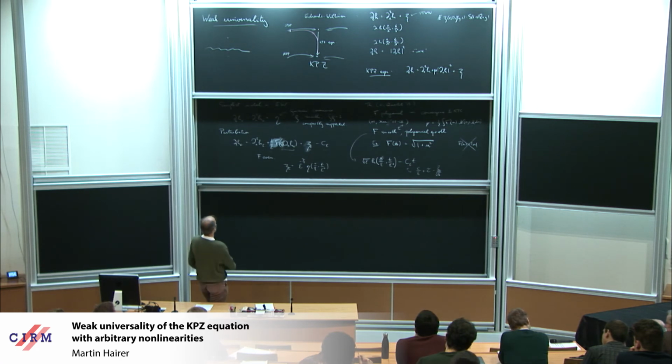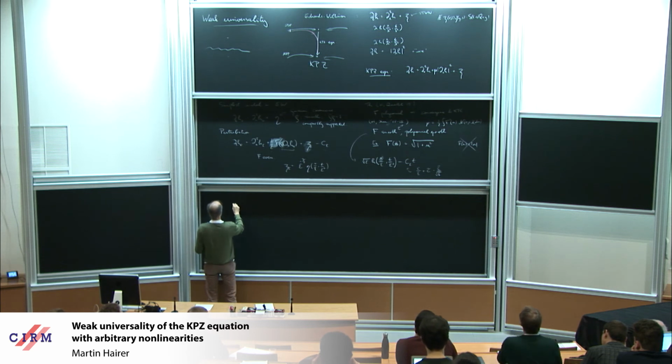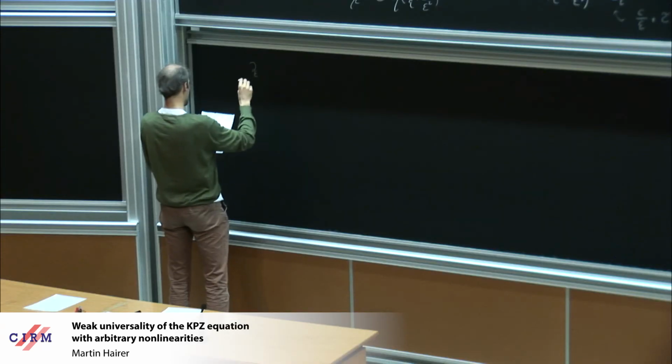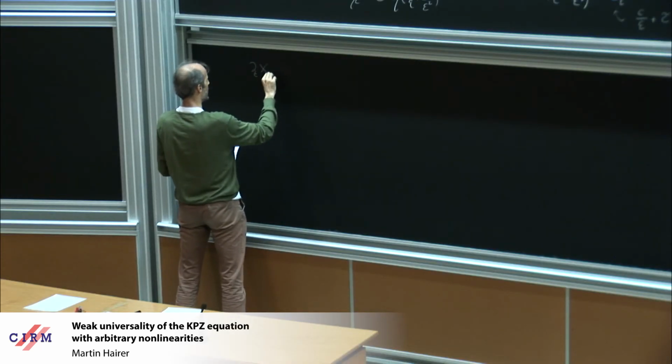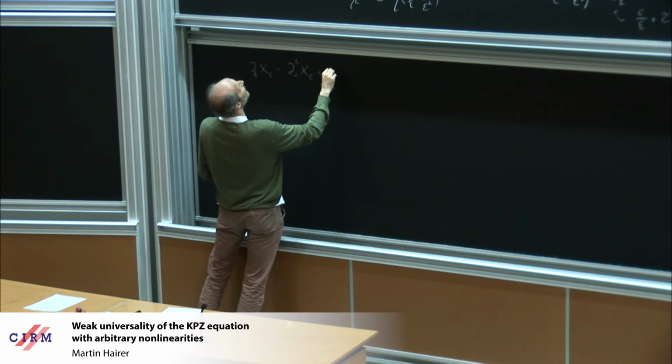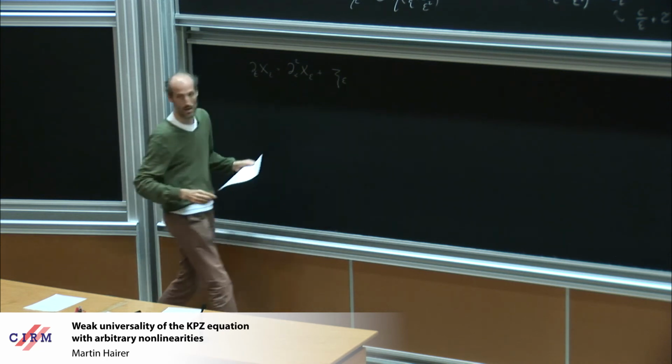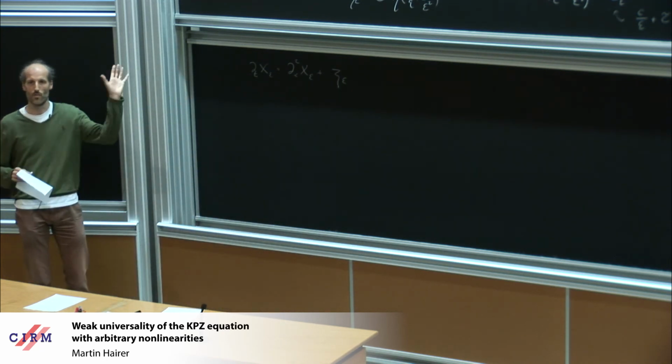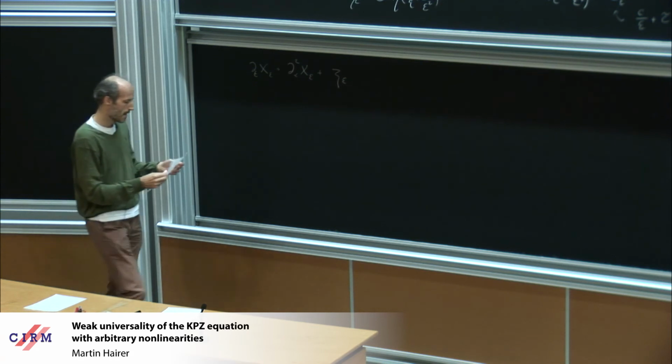So what do we do? The first thing we do is we look at just the rescaled linear equation. So I write x epsilon plus psi epsilon. Okay, so that's the equation where I've just removed the nonlinearity completely.